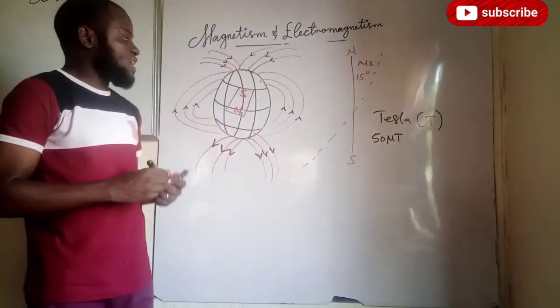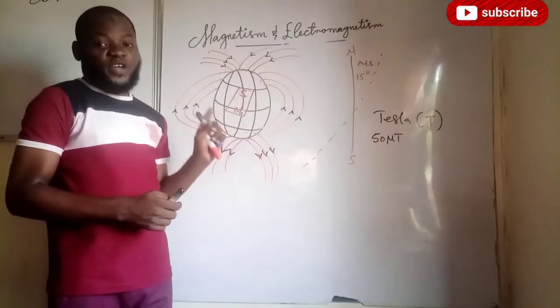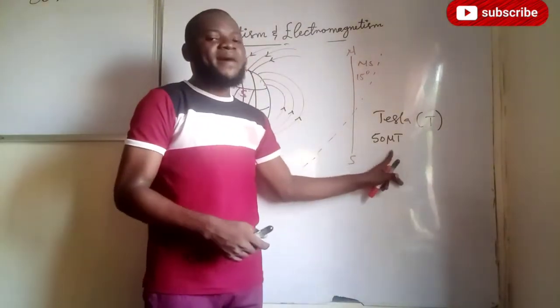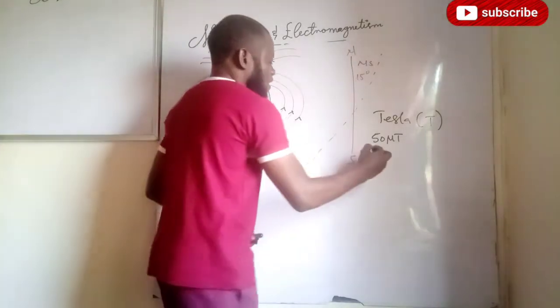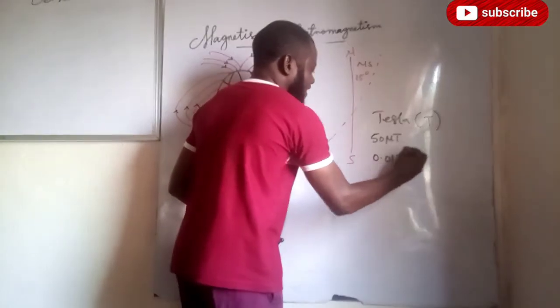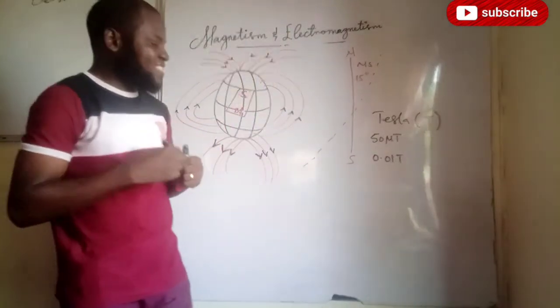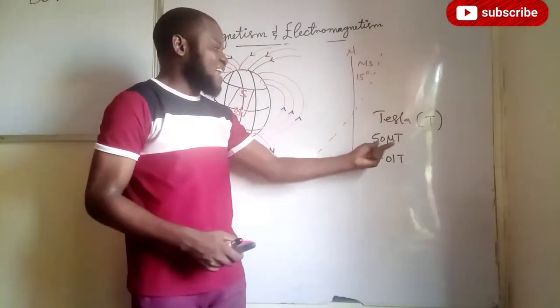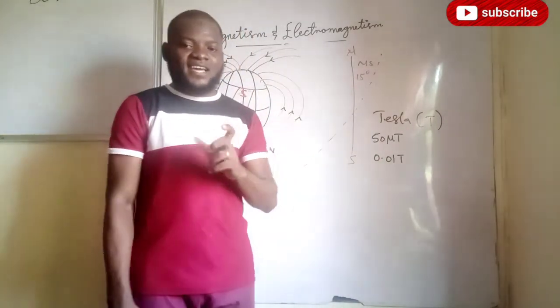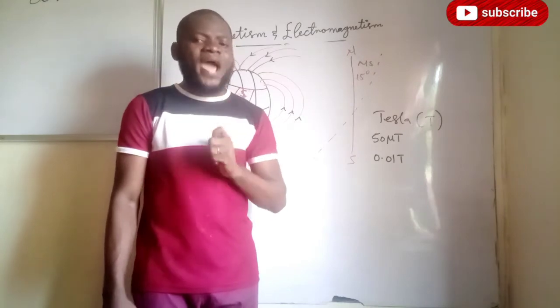The value for the Earth's magnetic field strength is 50 microtesla. While our bar magnet is about 0.01 Tesla. If you look at this now, you will see that the bar magnet is stronger in strength than the Earth's magnetic field. Why is it like that?